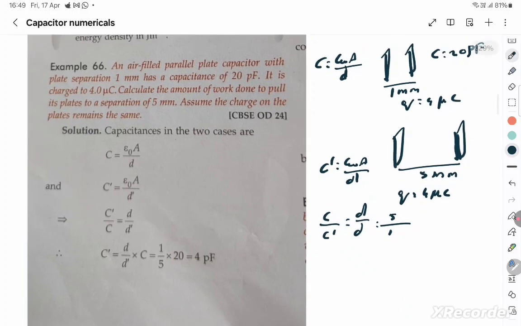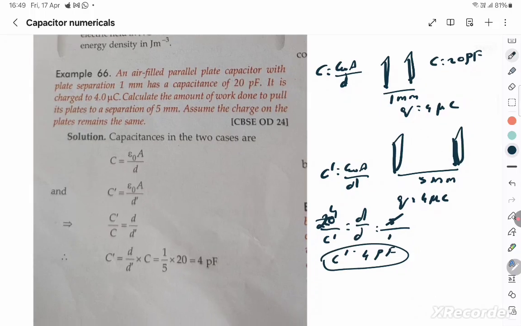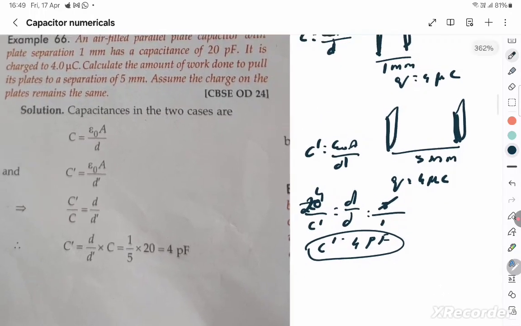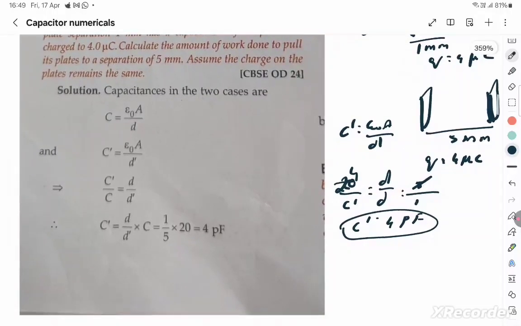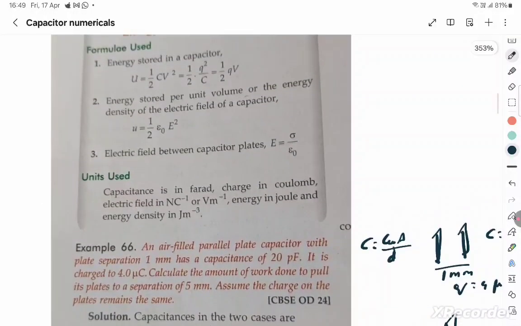Therefore, the original capacitance is 20, and 5 fours are 20, so C dash is equal to 4 picofarad. Remember this: when it's not connected to the voltage and you're moving the plates apart, it will not affect the charge, only the capacitance will change. So that completes sum number 66.